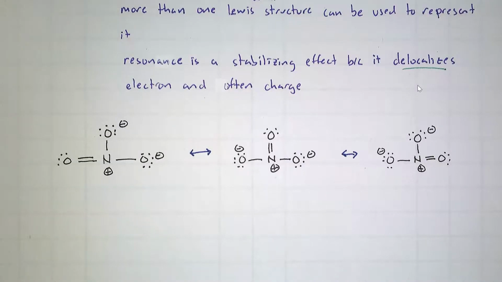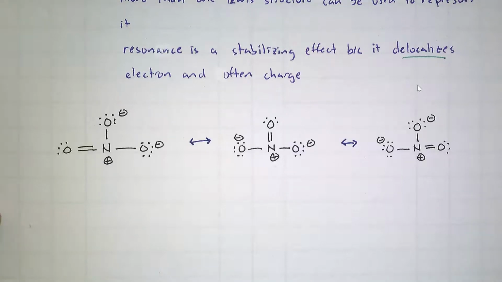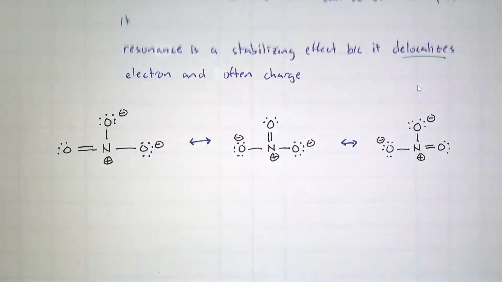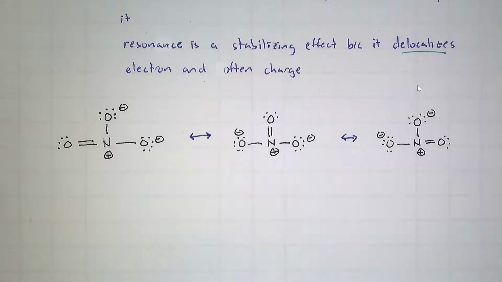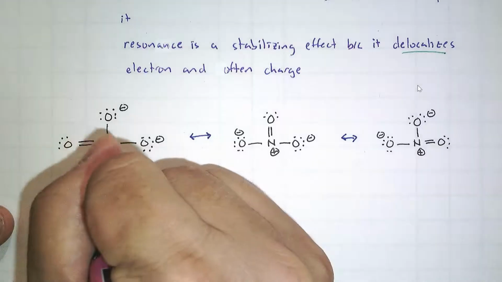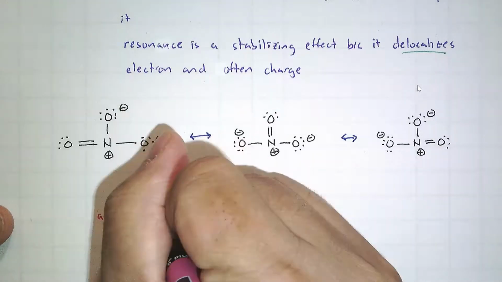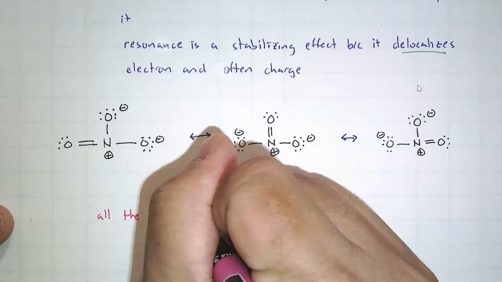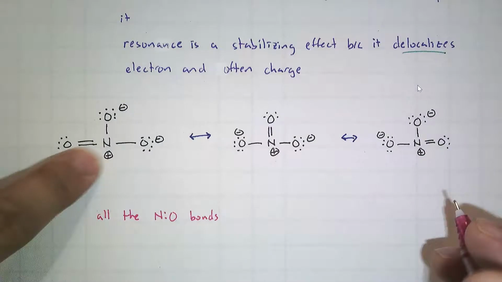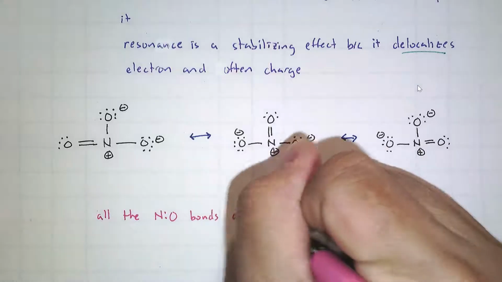But in real life, what people notice when they do analyses, when they do spectroscopy, is that there's a weird phenomenon, and that is all the nitrogen-oxygen bonds, right? All of them are the same length.